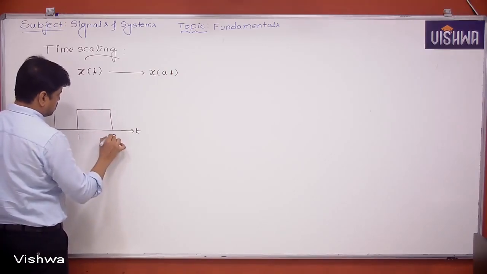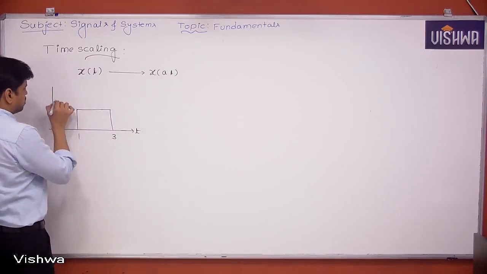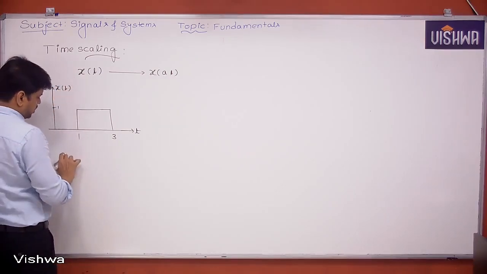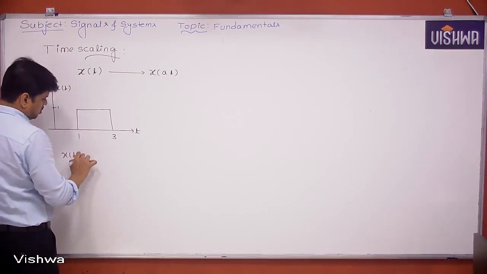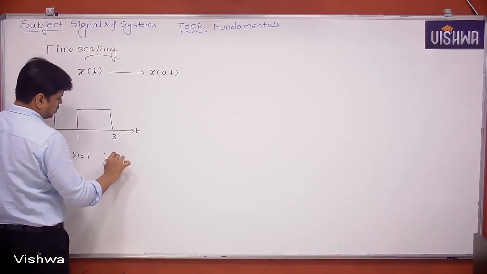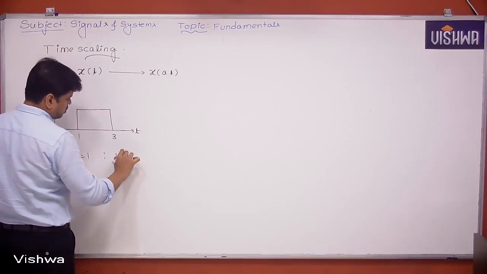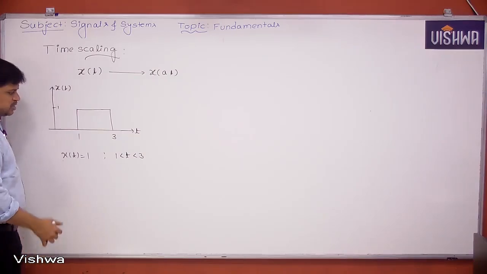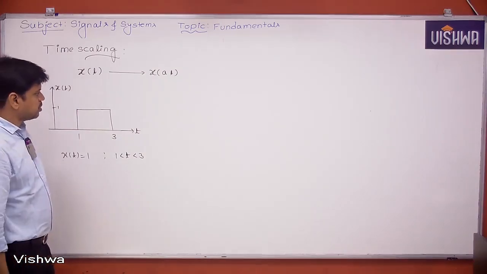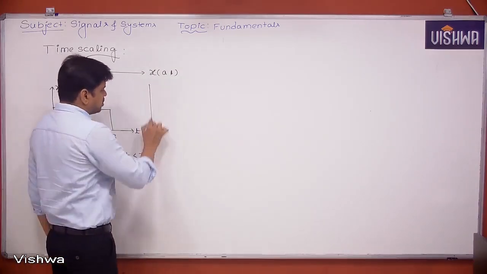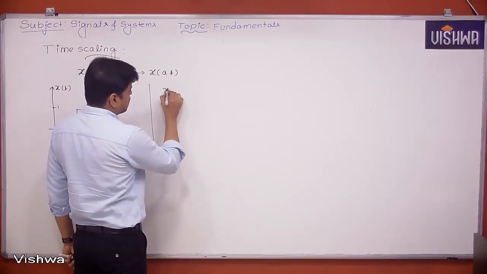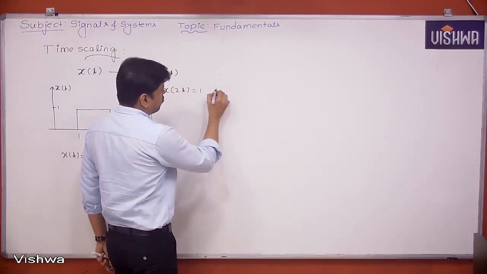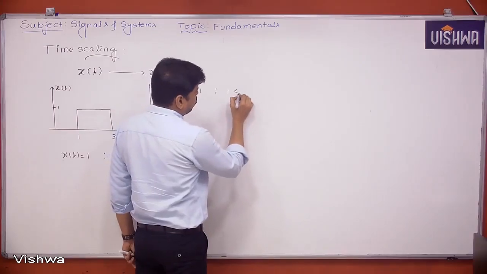Let's say x of t is equal to 1 when t lies between 1 and 3. That is the mathematical representation. For this, if I try to find x of 2t, it is also equal to 1 when the argument lies between 1 and 3.